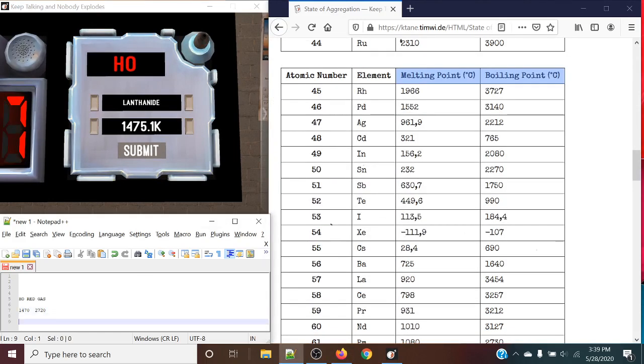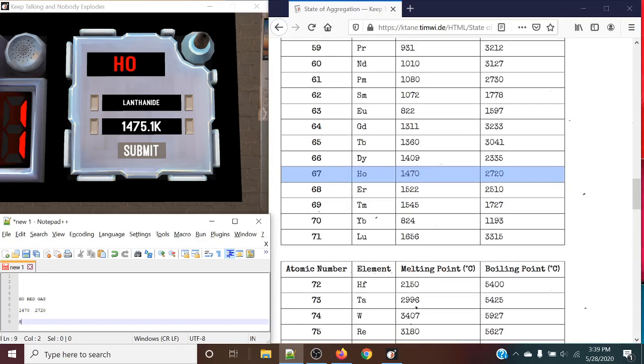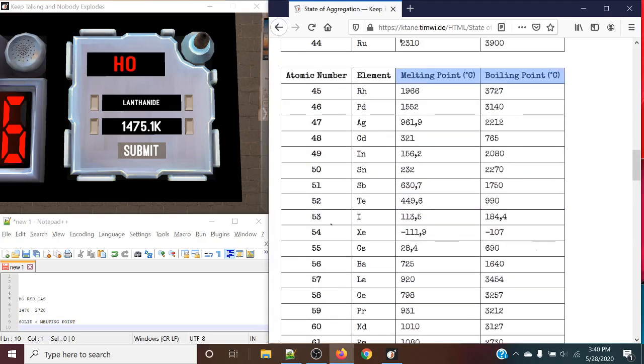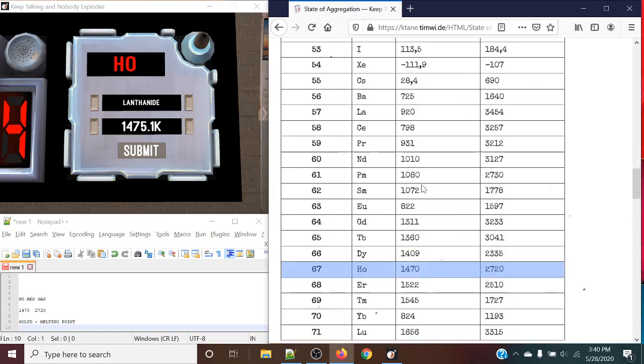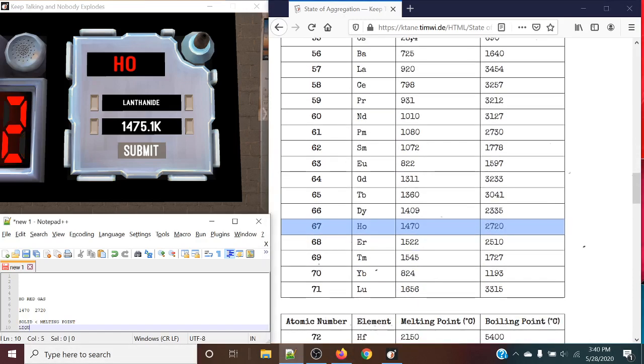For those of you who don't know a little bit of chemistry, I didn't at the time either: anything below the melting point is a solid. So any temperature less than the melting point is a solid. Anything in between the melting point and the boiling point is a liquid.